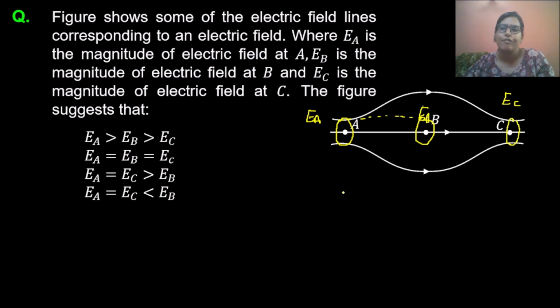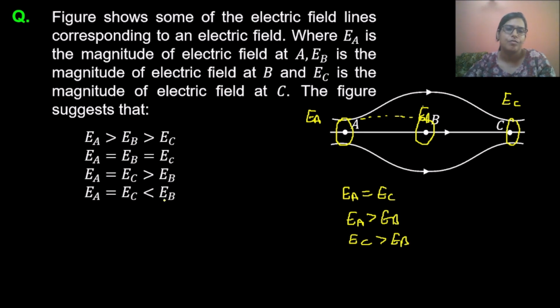So we can see definitely EA equals EC, EA is greater than EB, and EC is also greater than EB. So the correct answer will be this one; this is not correct, this is correct. The magnitude of the electric field is directly proportional to the density of electric field lines, and we have used this concept here.